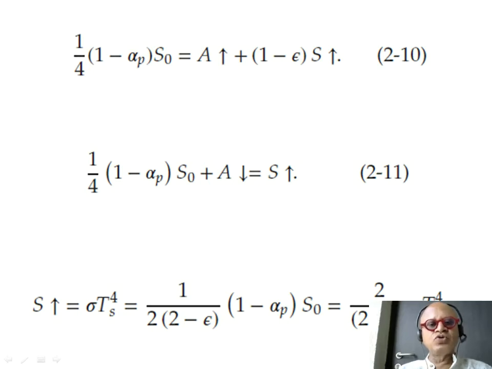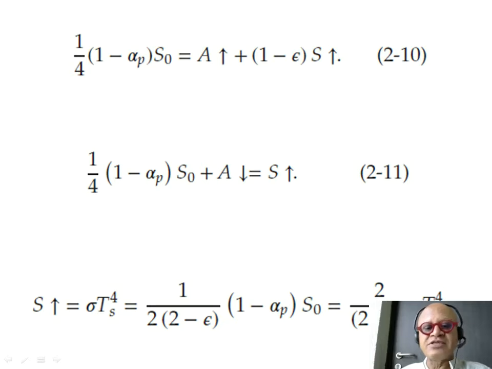You do the little manipulation here and look for S going up. You use A, remember this and this are the same, because that depends on the temperature of the atmosphere, its black body radiation. So obviously outgoing long wave from the surface is sigma Ts to the fourth, where Ts is the surface temperature.